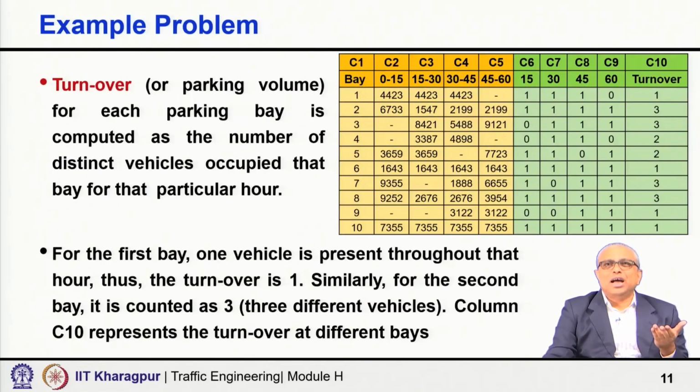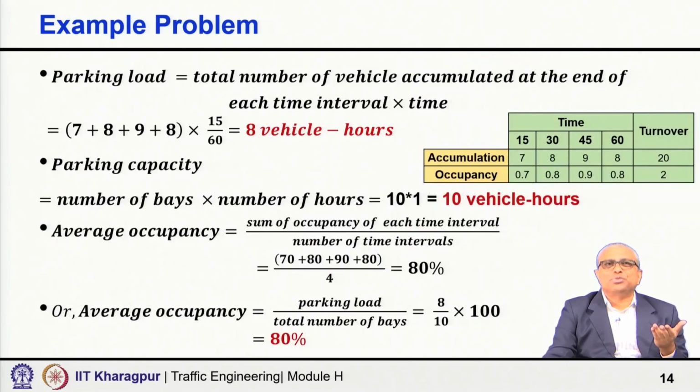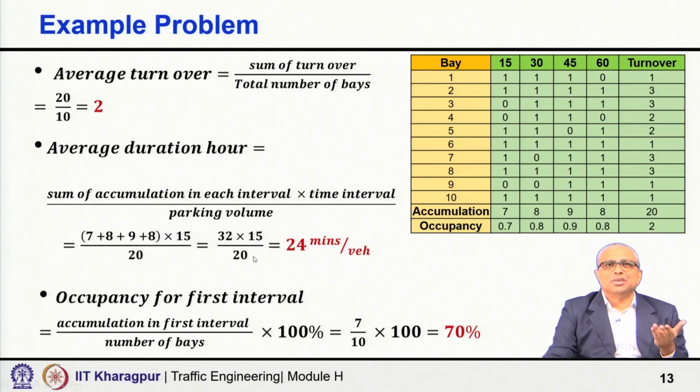So, that gives you 24 minutes per vehicle. So, on an average, these 20 distinct vehicles were parked for 24 minutes.